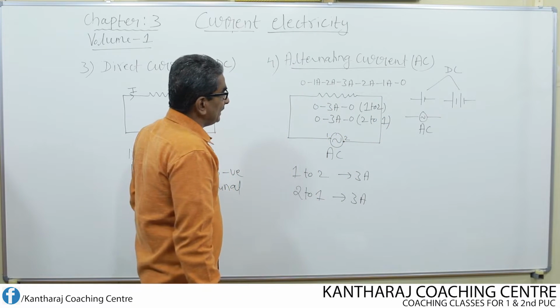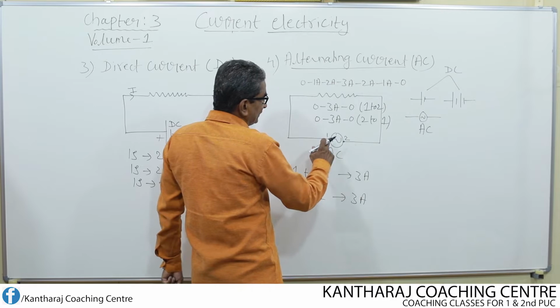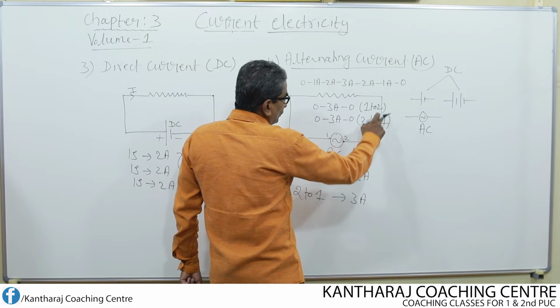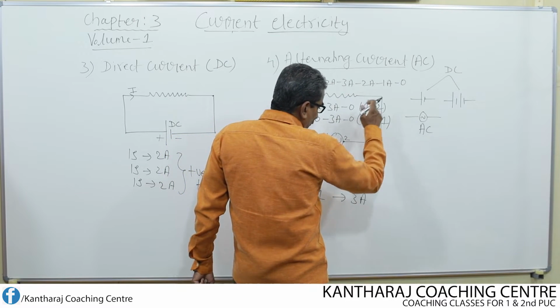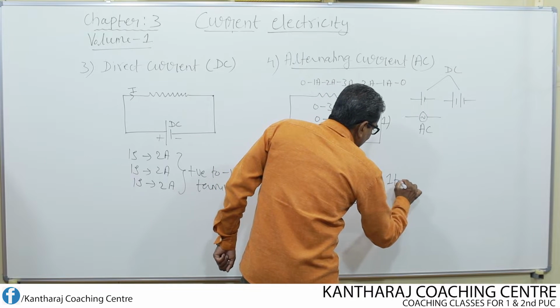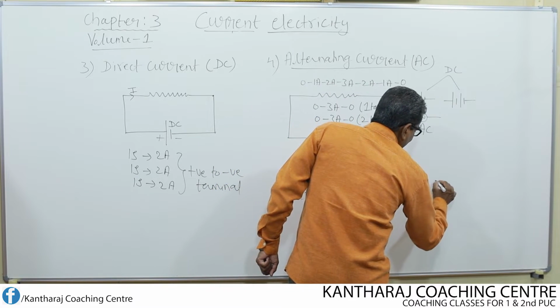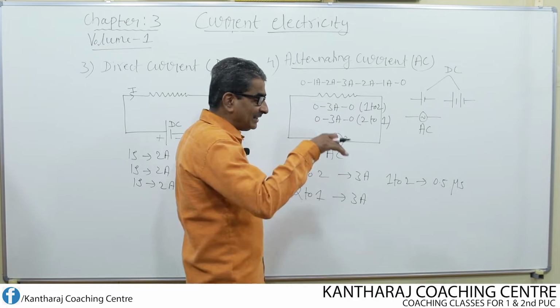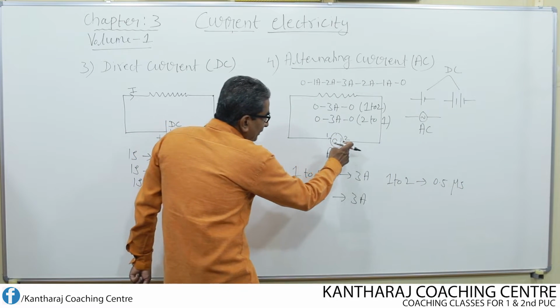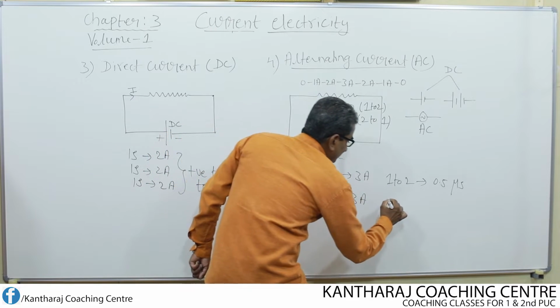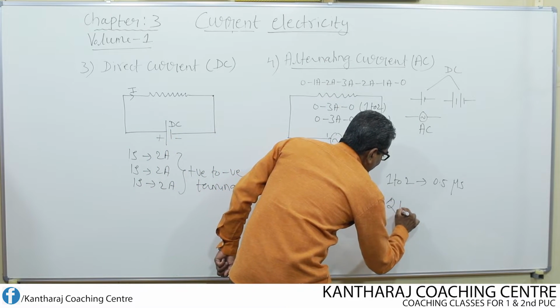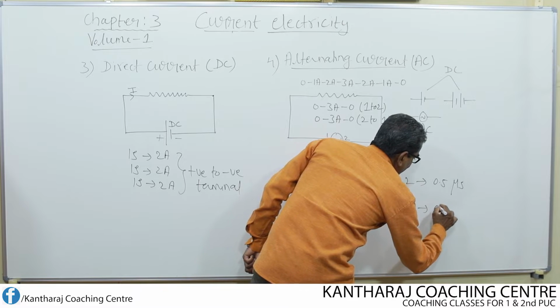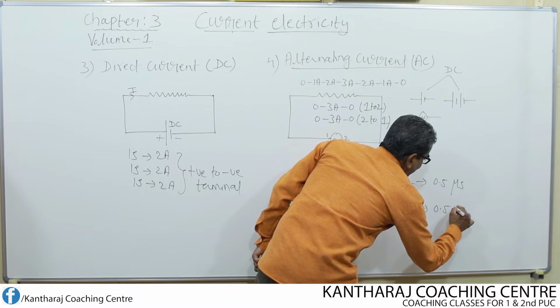Okay. If the time taken for the current to flow from 1 to 2 is, say for example, 0.5 microsecond, again the time taken by the same current to flow from 2 to 1 will be 0.5 microsecond.